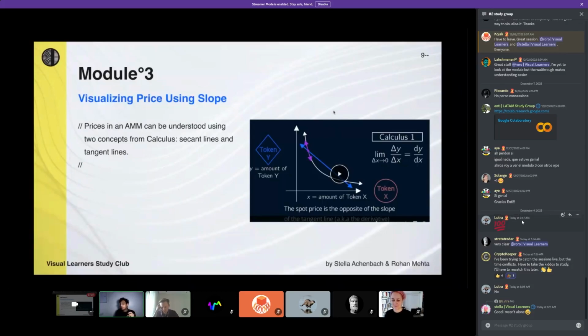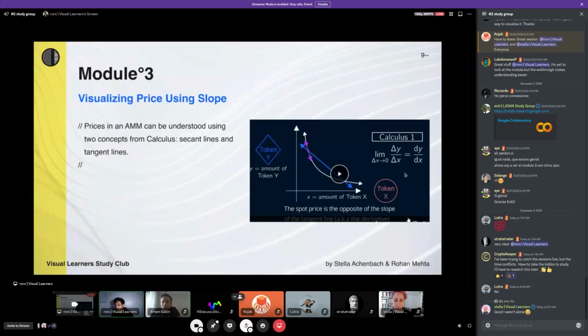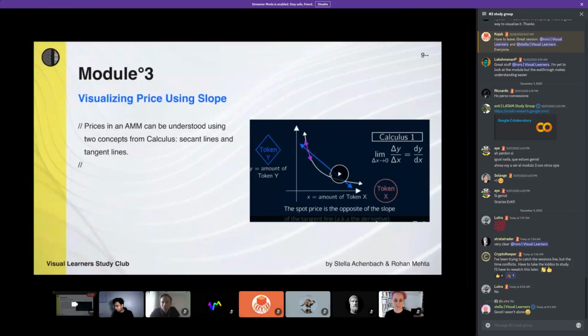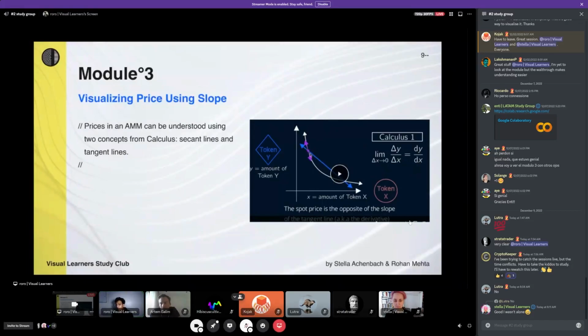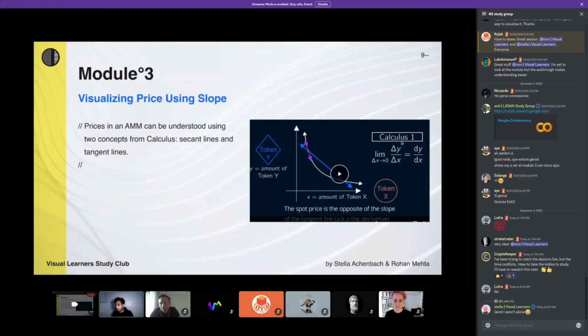That's when the properties come in. This was also a section in module 3, where they were discussing how to find the slope of a curve at a point. This is the definition of it, which is again the limit as delta x tends to 0.